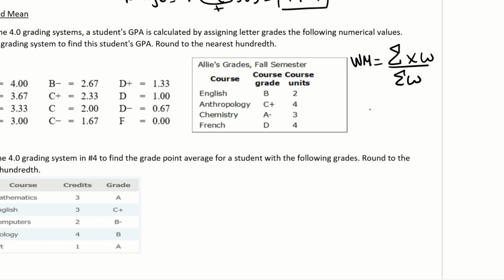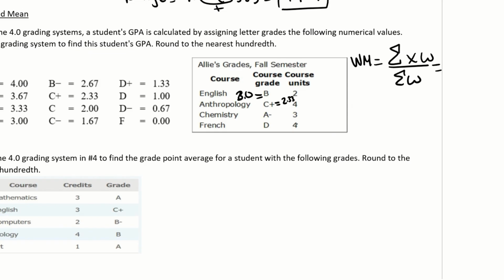Okay, in this case we're going to do the different grades. Here are the grades, and here are the weights. For the course grade of B, it's a 3.0. For a C plus, it is a 2.33 according to what they said.